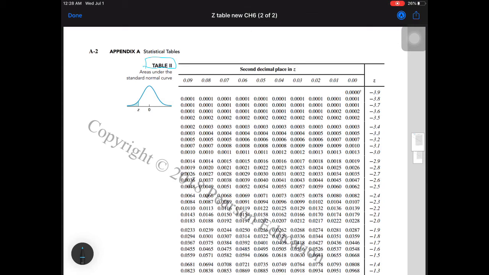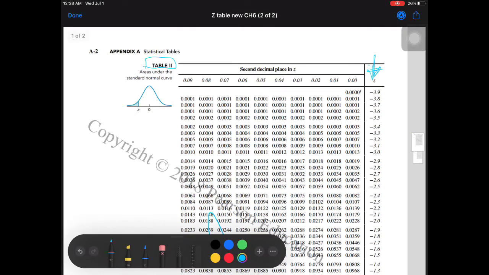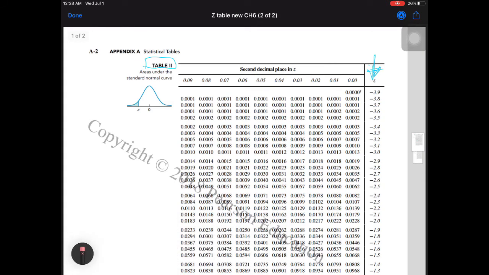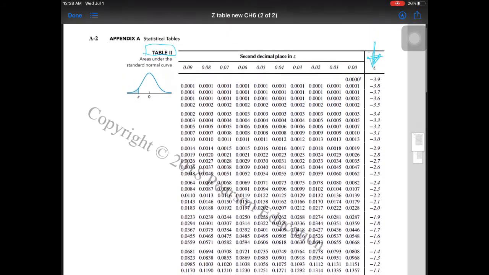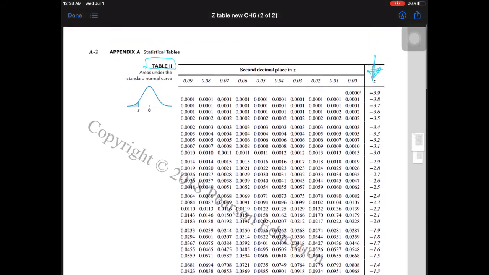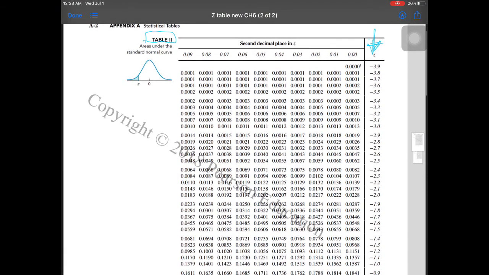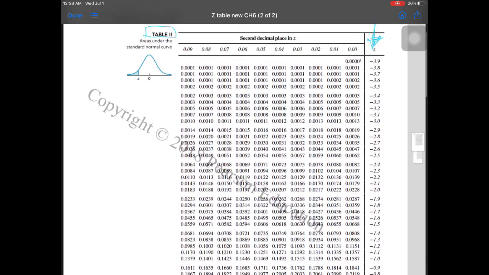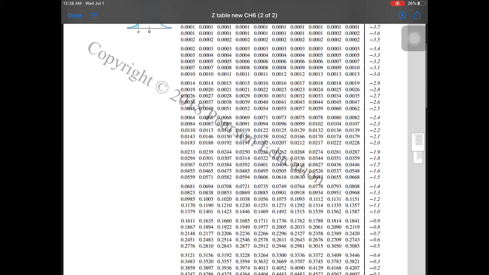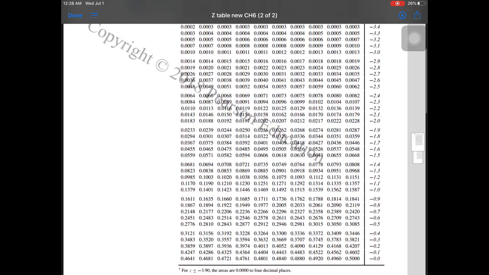You can find the Z values in this column. All these values in this Z column are negative values. It starts from negative 3.92 and goes up to negative 0.00.